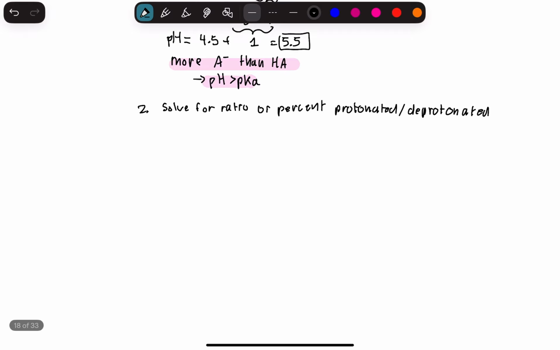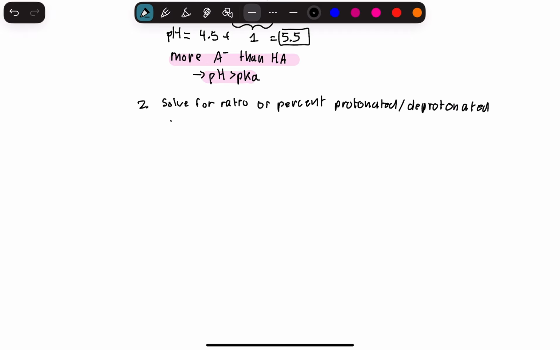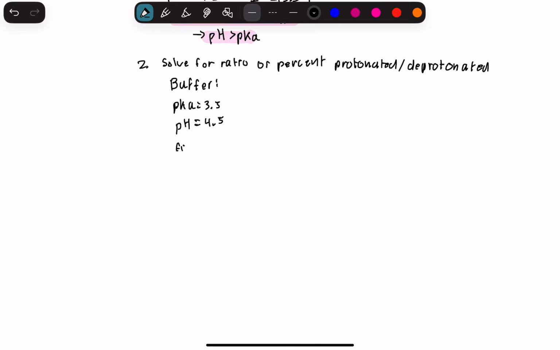Let's say that we have a buffer with a pKa of 3.5 and a pH of 4.5. We want to find the ratio of A minus over HA. You also want to find the percent in A minus form. How do we do this?